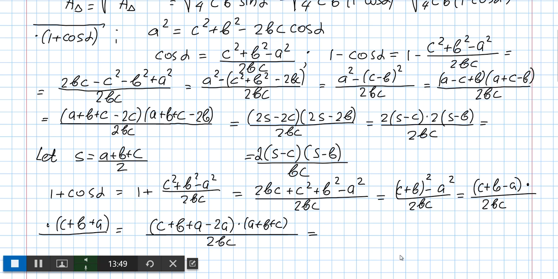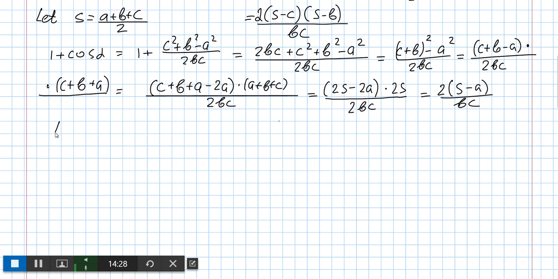So now I express a plus b plus c through the semi-perimeter S. It gives me (2S minus 2a) times 2S over 2bc. So one 2 is cancelled in numerator and denominator, and I can factor another 2 in the numerator: S (S minus a) divided by bc.